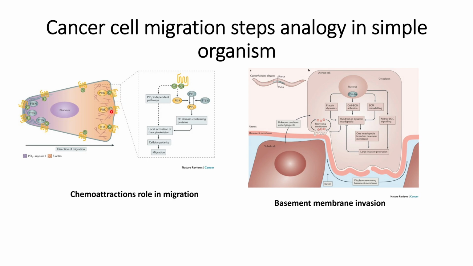In order to migrate to the right hand side, the cells need to somehow take care of the extracellular matrix. In our previous videos, we discussed how the cells release exosomes that help in remodeling of the extracellular matrix, such as degradation of the matrix.